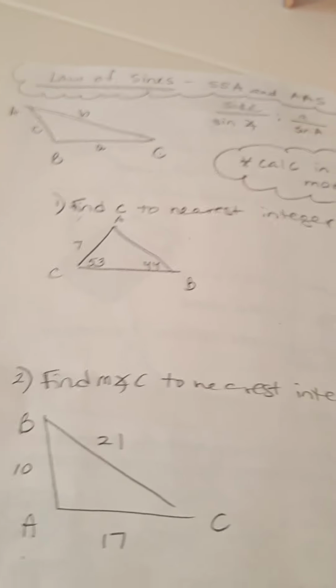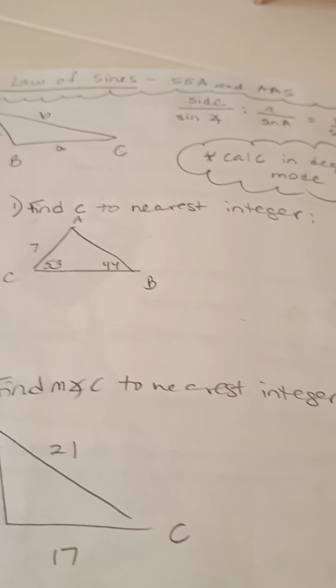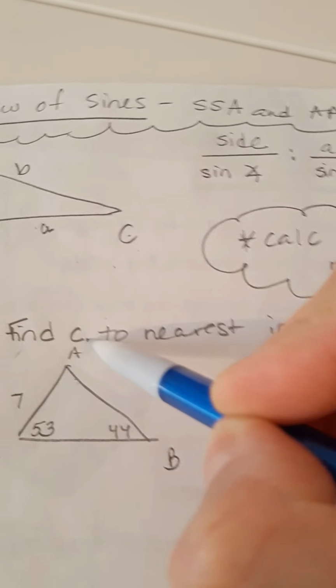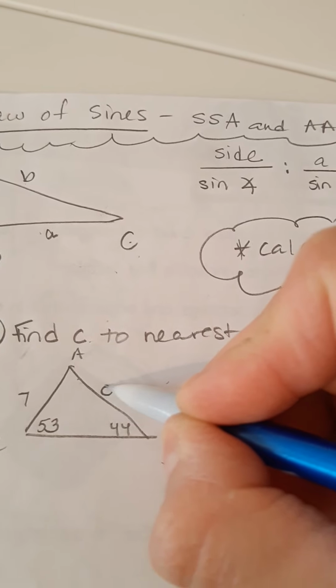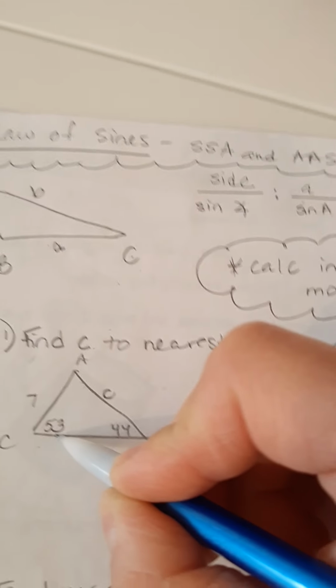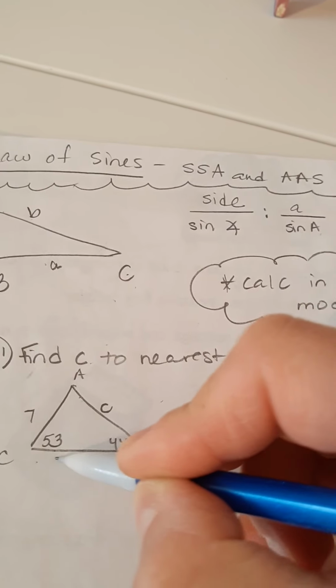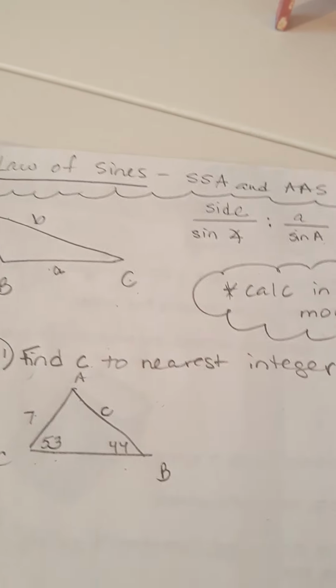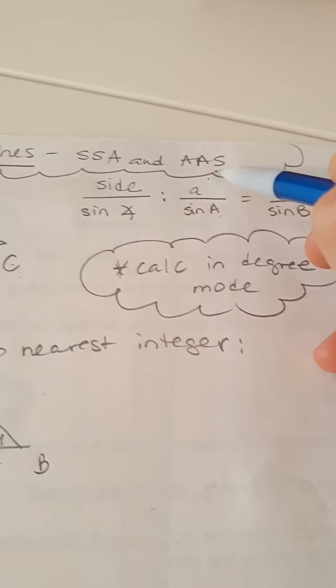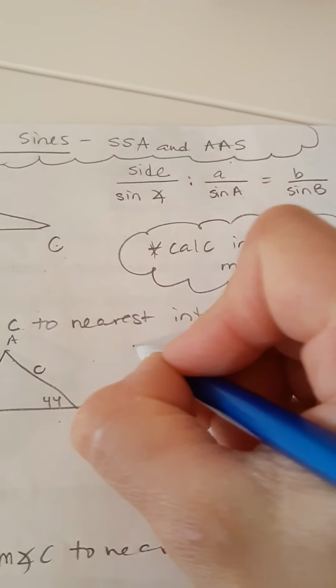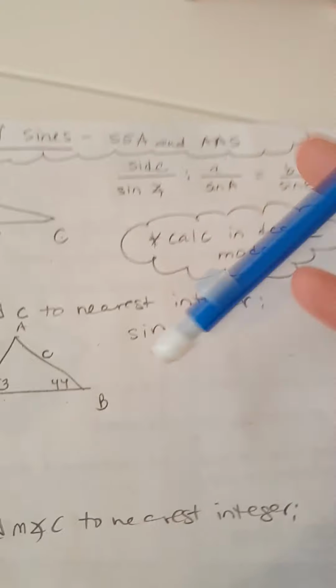Let's do an example. For number one, find c to the nearest integer. This is a lowercase c, because angle C is given. I have angle, angle, side, so I'm all good to use the law of sines.